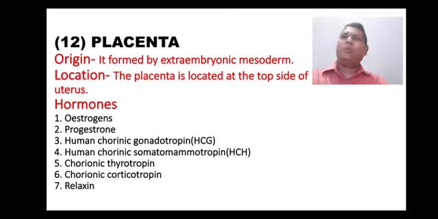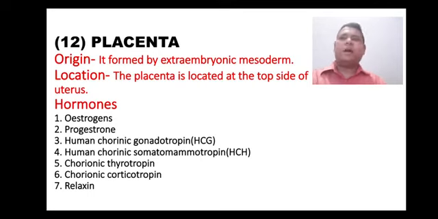The placenta provides for the exchange of nutrients and waste between mother and developing fetus. Origins of placenta: it is formed by the extra-embryonic mesoderm. Locations: the placenta is located at the top side of the uterus.